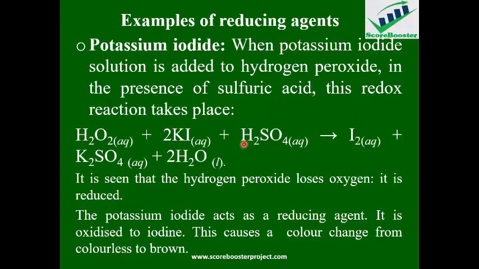So after the reaction, what happens to the iodine? It has lost potassium. What happens to hydrogen peroxide? It has lost oxygen. So hydrogen peroxide has lost oxygen, that means it has been reduced. If it has been reduced, it's an oxidizing agent.